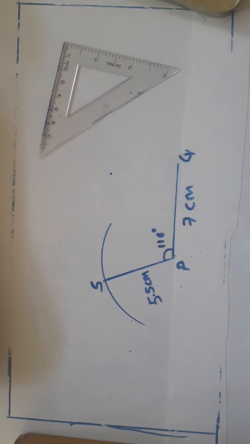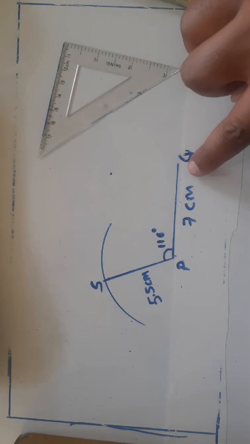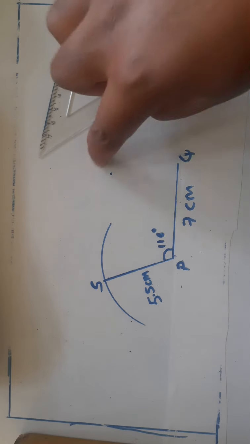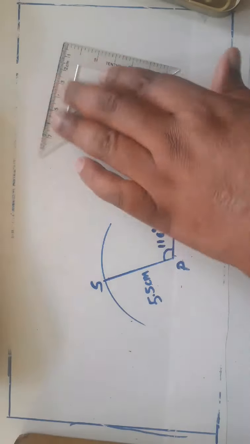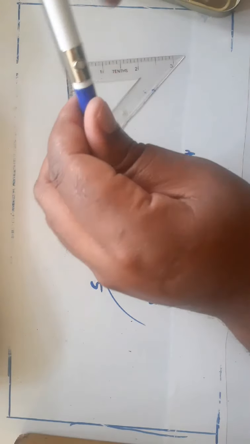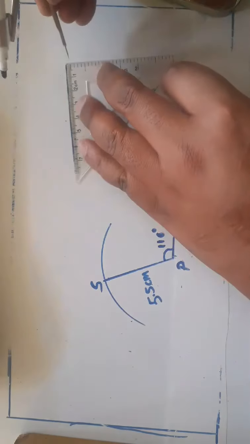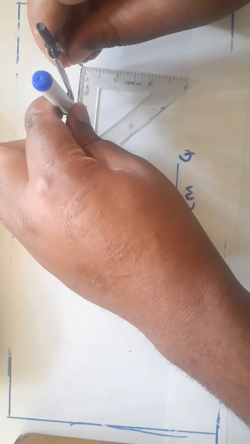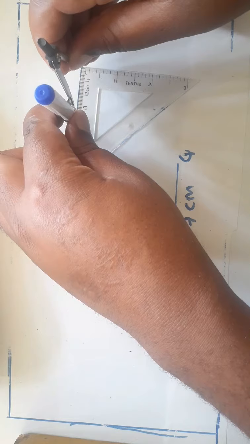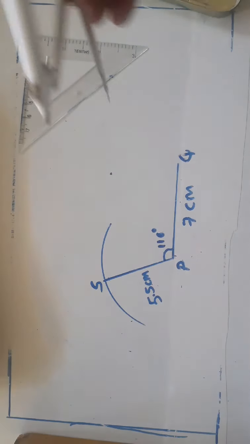Then, from there, we must look at the distance from Q to R, and the distance is 4 centimeters. So you must measure 4. You come here, measure your 4. From this 0, you go up to 4. Okay. So again, you do that.